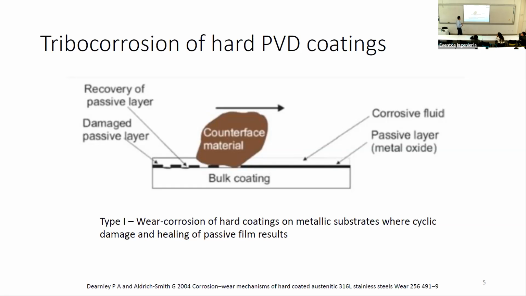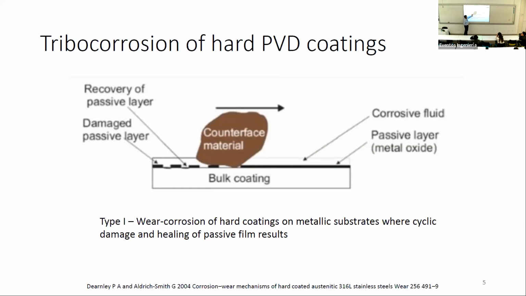So over here, we're seeing a bulk coating. A bulk coating can still form some oxide. Let's say we have titanium nitride, chrome nitride. We still get some oxidation at the surface, and this during reciprocating sliding will still be forming and removed during the test, and that will lead to some material losses.